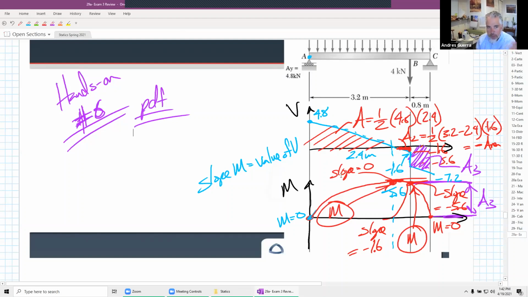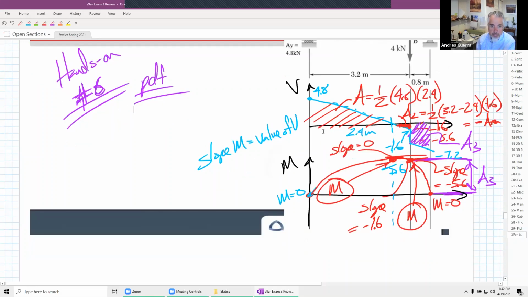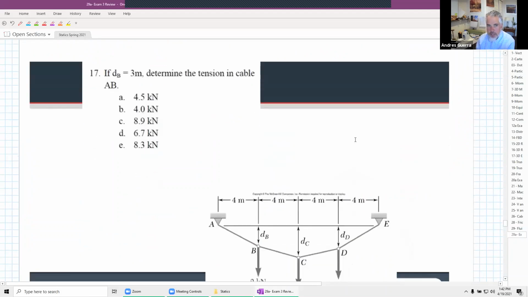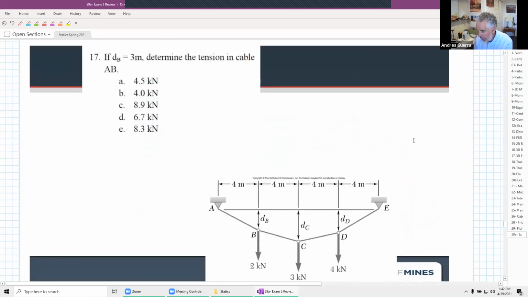Or if you want some last minute review, that hands-on number 6, you can do it unlimited times. Don't be afraid to go in there and give it a try before the exam, and then maybe finish it and get the right answers after the exam. I think that hands-on number 6 would be good studying for V&M on the exam.